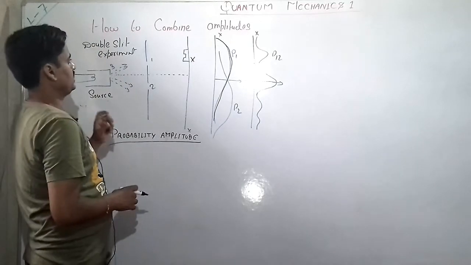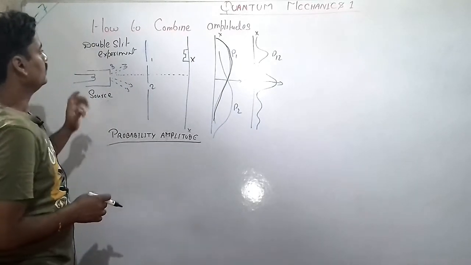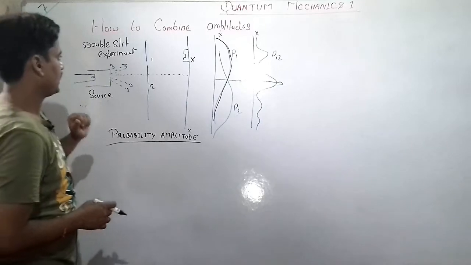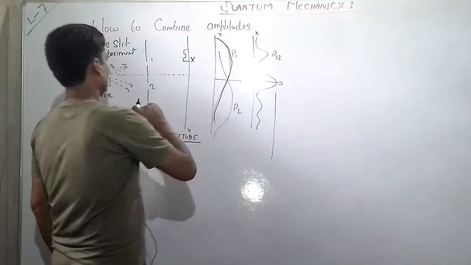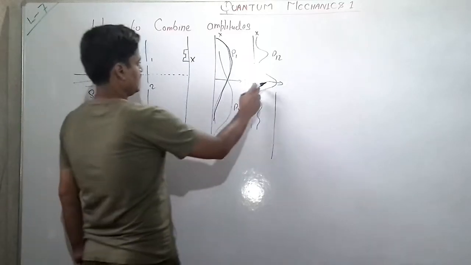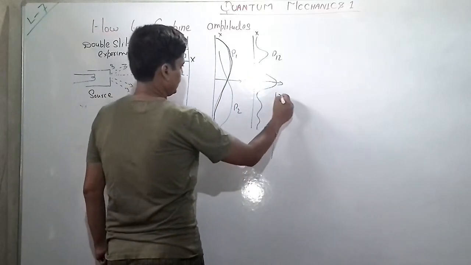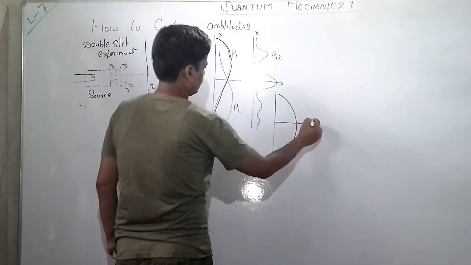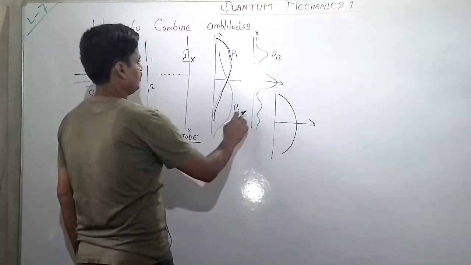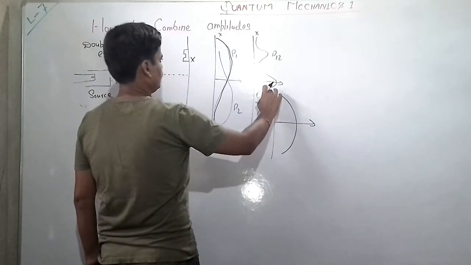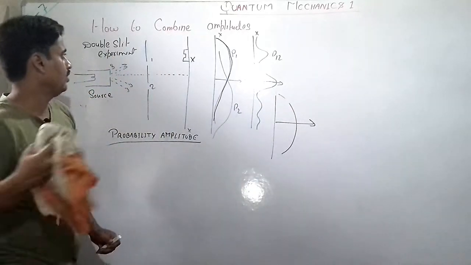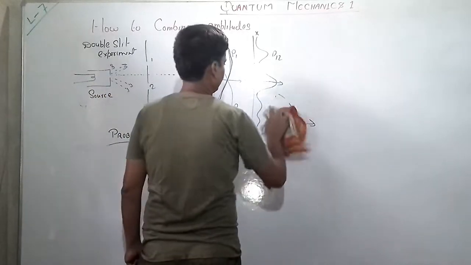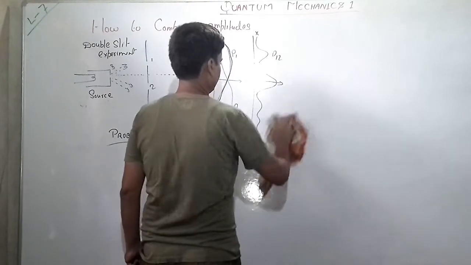This is the strangeness of quantum mechanics. According to the classical interpretation, this should be the combination P1 plus P2, but it shows an interference pattern. So this is how quantum mechanics is different from classical mechanics.